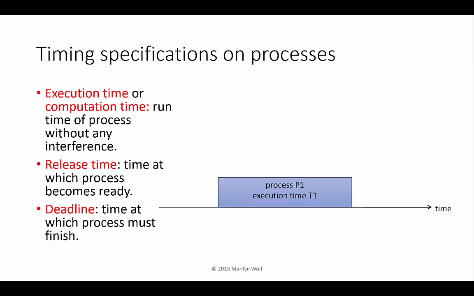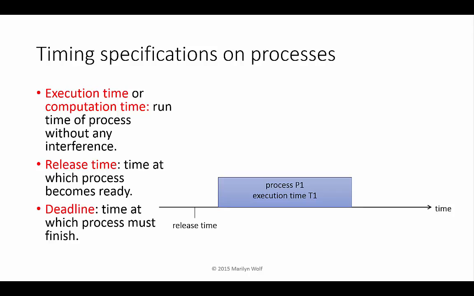But in order to analyze the real-time properties, we need to know its execution time independent of what else is going on. The release time is the time at which the process becomes ready. So for example, if we're processing data from an audio sample, from a microphone, the sample won't be ready until a certain time. That's the release time for the process.